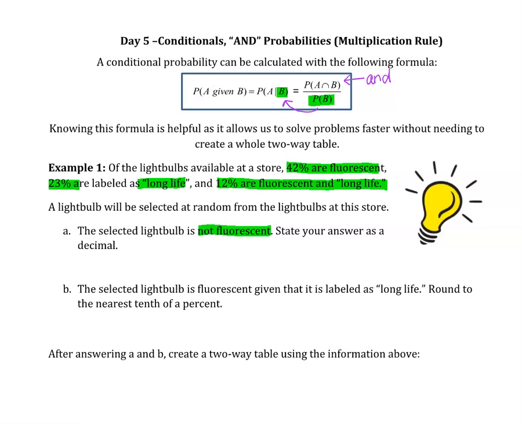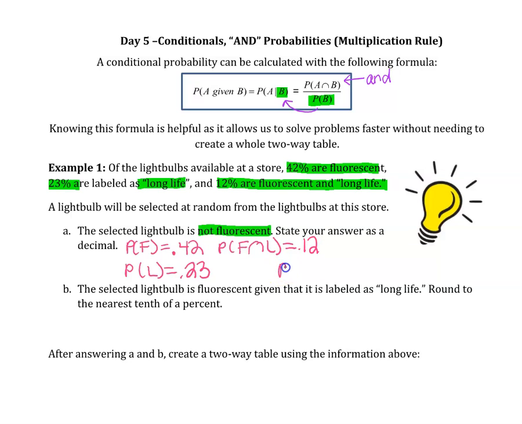So first of all, going back to the things that I read in the problem, the probability of a fluorescent light bulb was 0.42, which is equivalent to 42%. Probability of being long life was 0.23, and then the probability of fluorescent and long life was 0.12 for 12%.